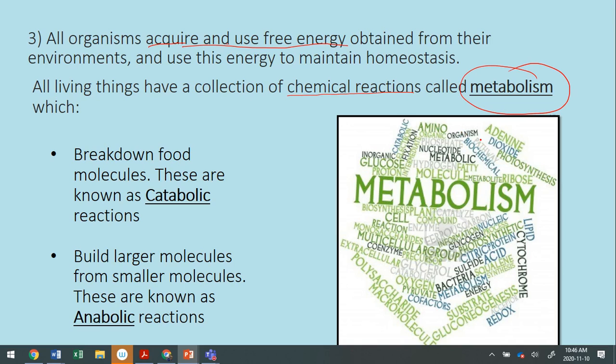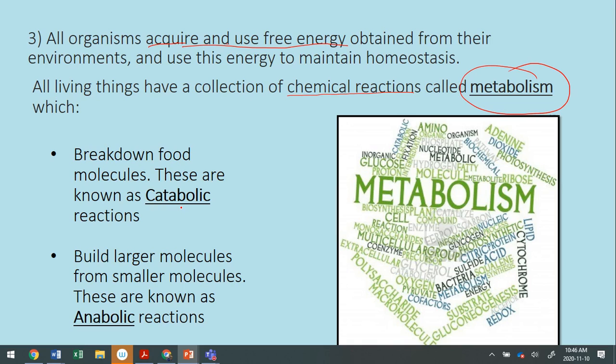Okay, now in a human cell, there are over 100,000 different reactions. And all of those reactions are built around using energy somehow, obtaining energy, building new cells. And those more than 100,000 different reactions can be broken down into two types of reactions. Okay, catabolic and anabolic.